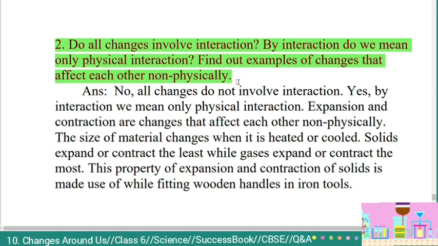Yes, by interaction we mean only physical interaction. Expansion and contraction are changes that affect each other non-physically. The size of material changes when it is heated or cooled. Solids expand or contract the least, while gases expand or contract the most. This property of expansion and contraction of solids is made use of while fitting wooden handles in iron tools.